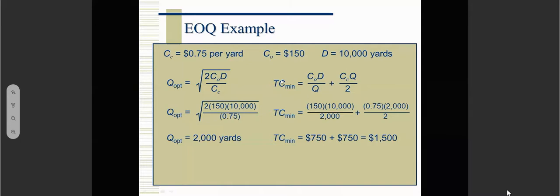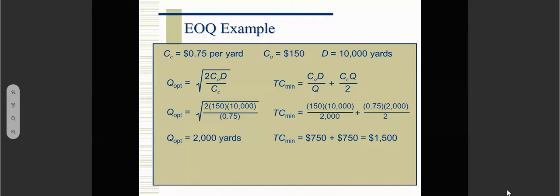So what is the total cost? For the ordering cost, we have annual demand 10,000 divided by optimum order quantity 2,000. So we have 5 orders per year.